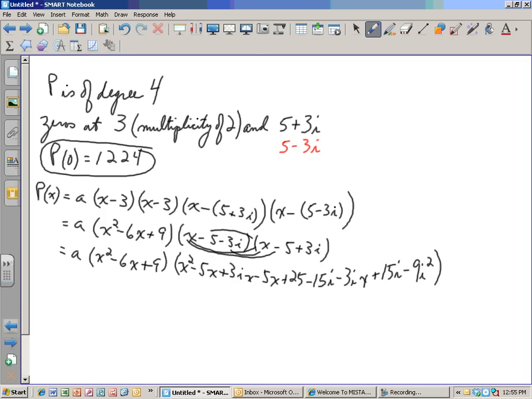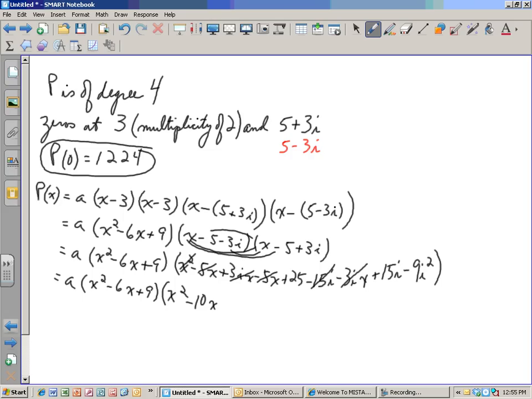Okay? Let's combine like terms. All right, I have x squared. I have negative 5x, negative 5x. Oh, that's negative 10x. 3ix minus 3ix cancel.